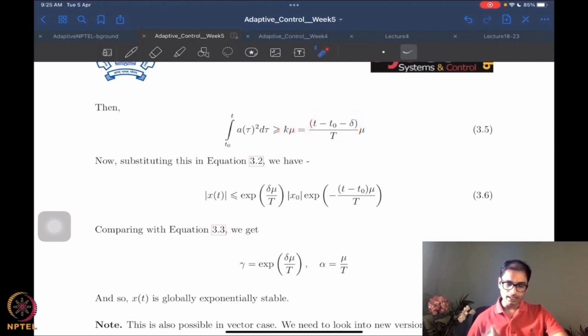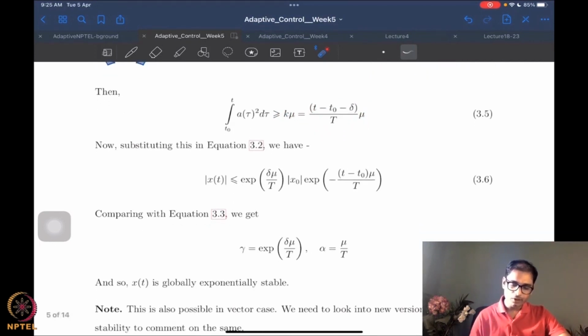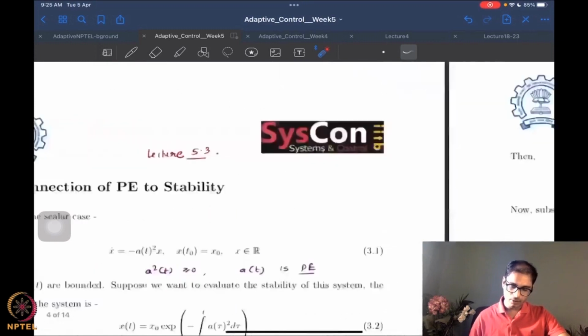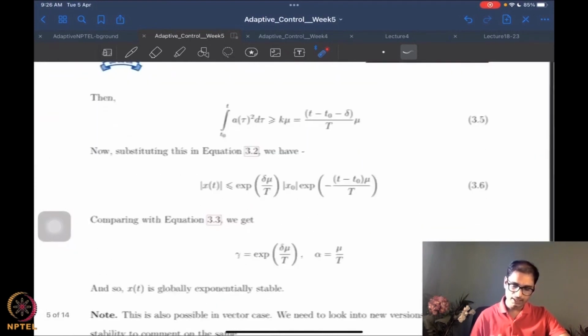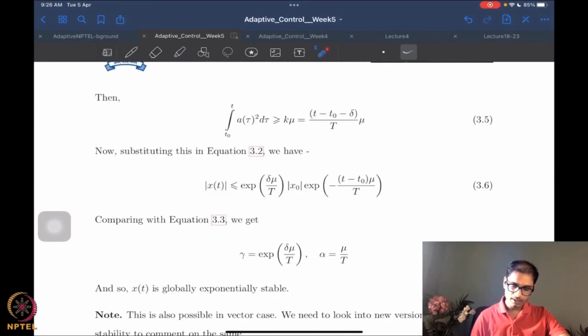All right, great. And why did I substitute? So that I get something like a t minus t0. So what do I have here? If I substitute this in equation 3.2, which is this guy, then here I have a negative sign, so the signs flip. This was greater than or equal to, but with the exponential of the negative it becomes less than or equal to.